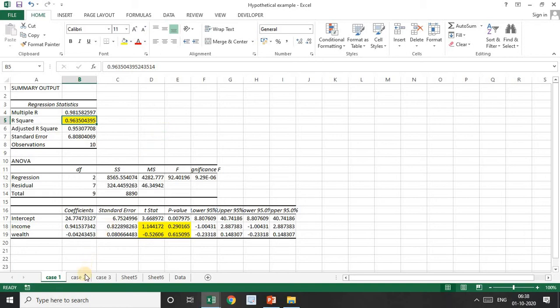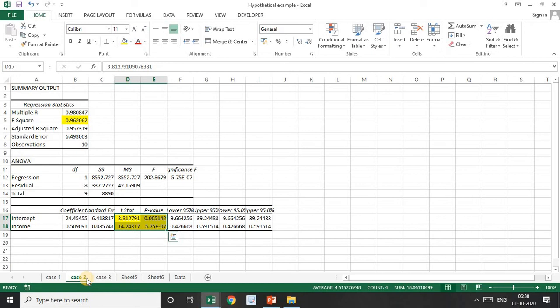Now what I have done is I have removed this wealth. Expenditure is a function of income alone. Now what happened, you look at the income coefficient, it is 0.5 and the t stat is very high, 14, and it is significant, and we are getting R square 0.962.